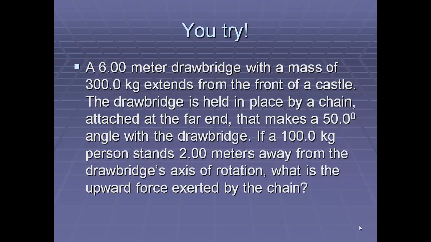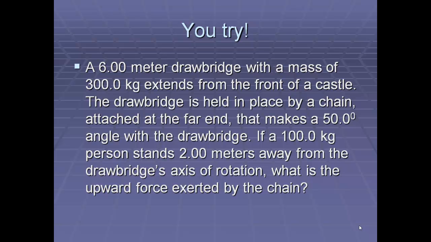I tell you specifically that the chain is attached at the far end of the drawbridge, which means that the lever arm in this case will be the entire length of the drawbridge, or 6 meters. We also have a person standing on the drawbridge, which will exert a downward torque on it.